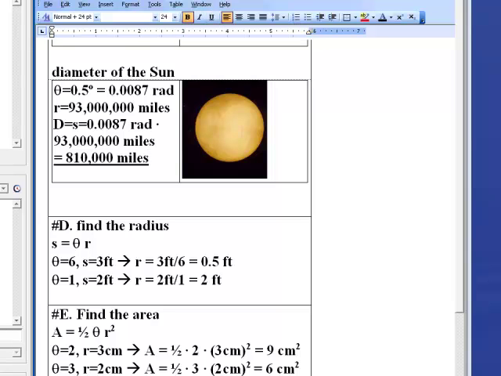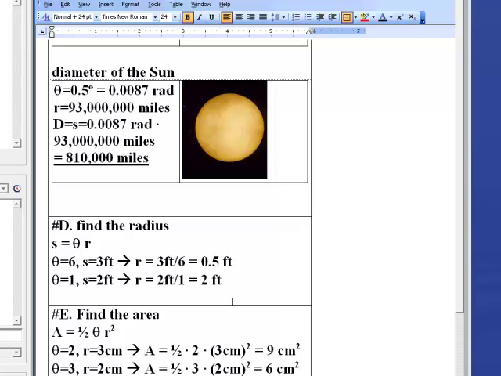Oh, whoops, one moment. I meant to have this one written down. So diameter of the sun, diameter of the moon. Diameter of the sun is 810,000 miles. Well, we've determined earlier that the diameter of the moon is 2,100 miles, which, as you can see, is about 400 times as large.